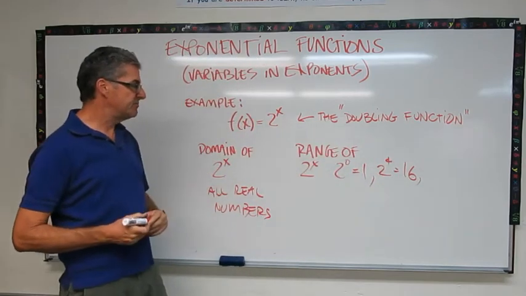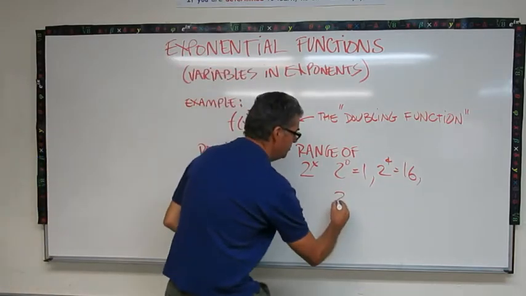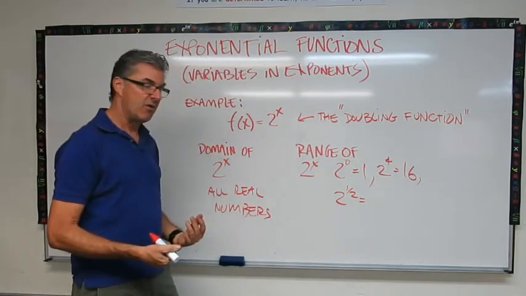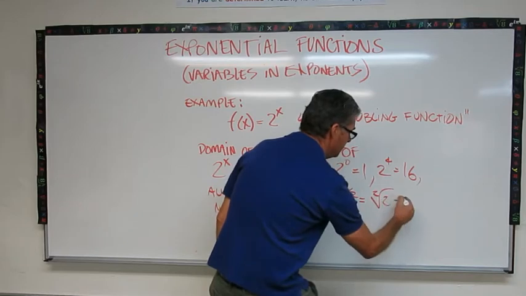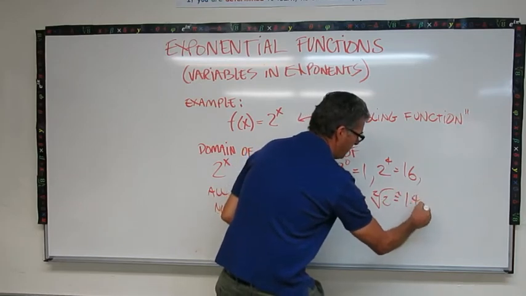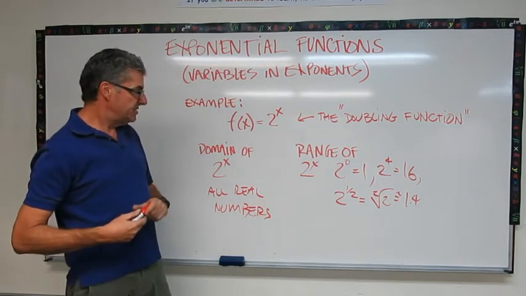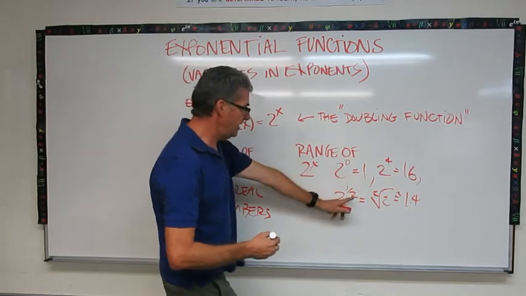So let's try some smaller things, or maybe some negatives. Let's try 2 to the 1/2 power. Okay, now what's the 1/2 power? That's the square root of 2, which is approximately 1.4 something, something, something. So that works. Let's try something else. Let's try a negative number. We did 1, now we did 1/2.